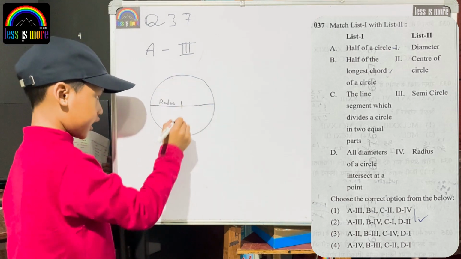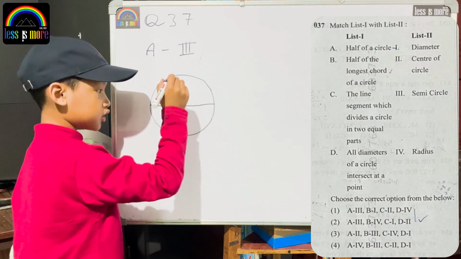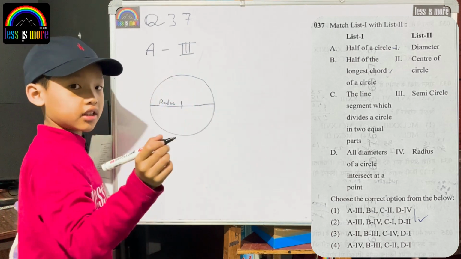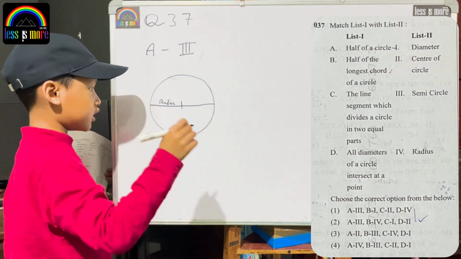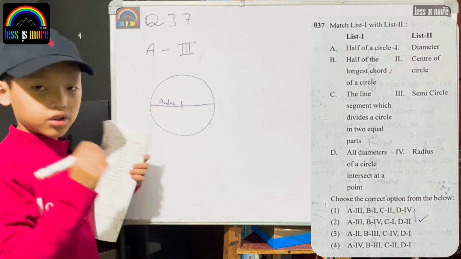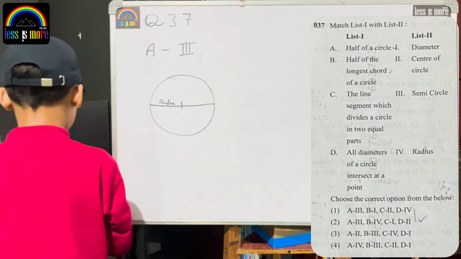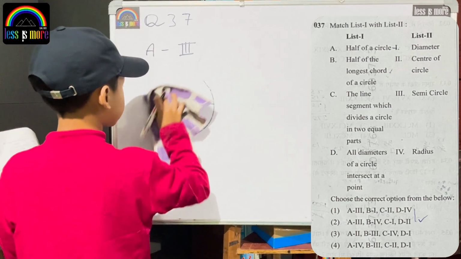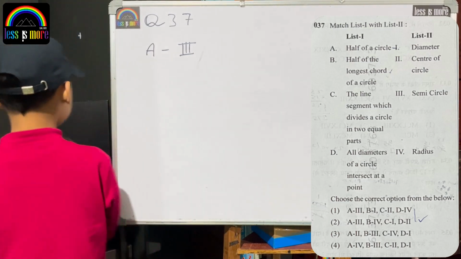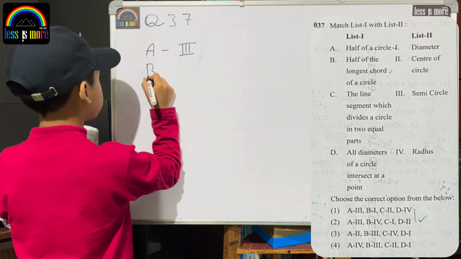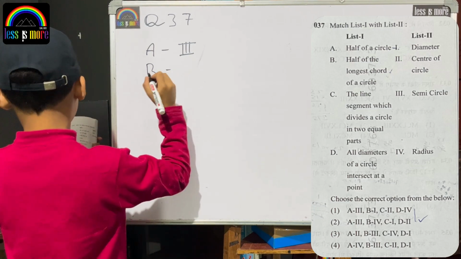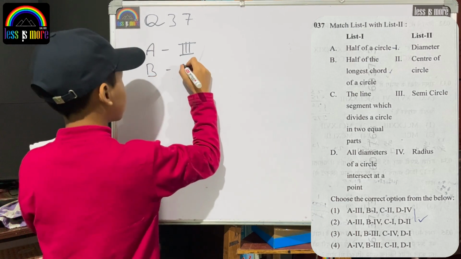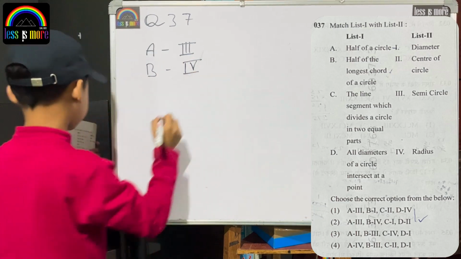And half of this line is the radius. So B will be number 4 on list 2, which is radius.